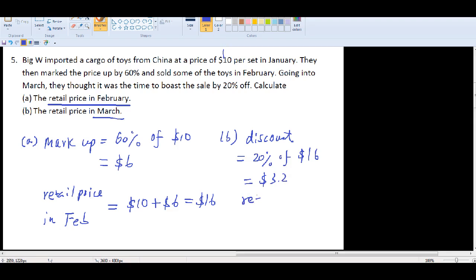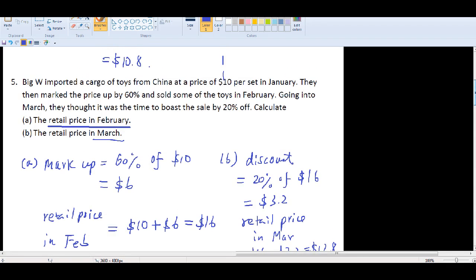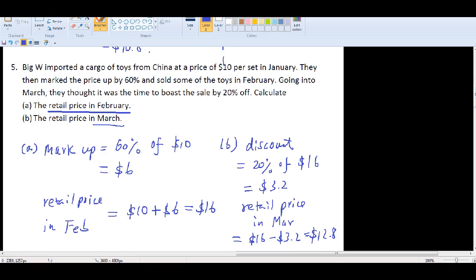So the retail price in March will be $16, take away $3.2, which is $12.8. So that will be the price in March. You see they have different prices at different stages, but at least both prices make sure Big W is making a gross profit from selling the toys.